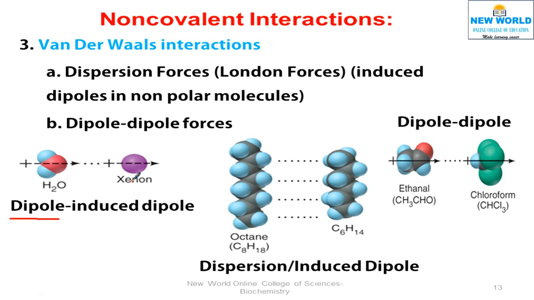So this side will have less electron density because of these electrons, so this side becomes slightly positive.